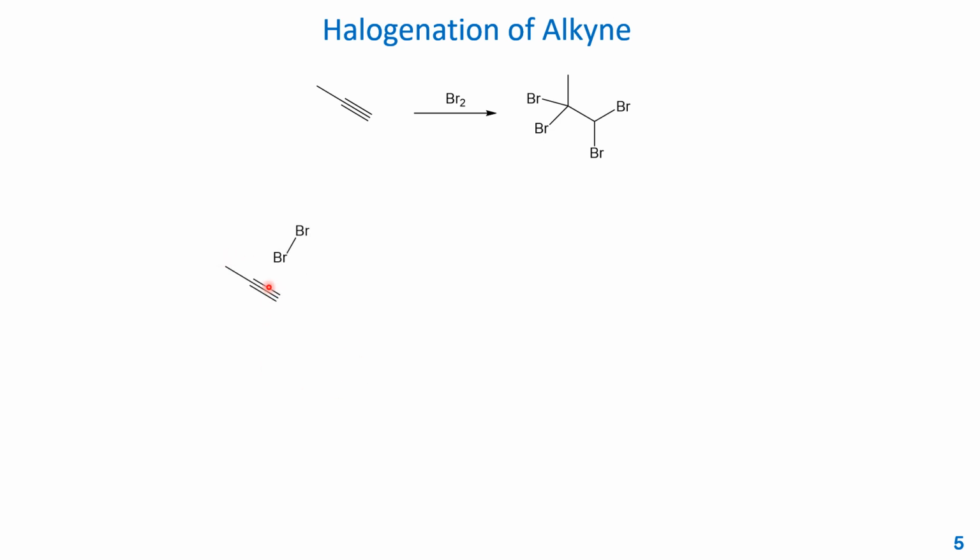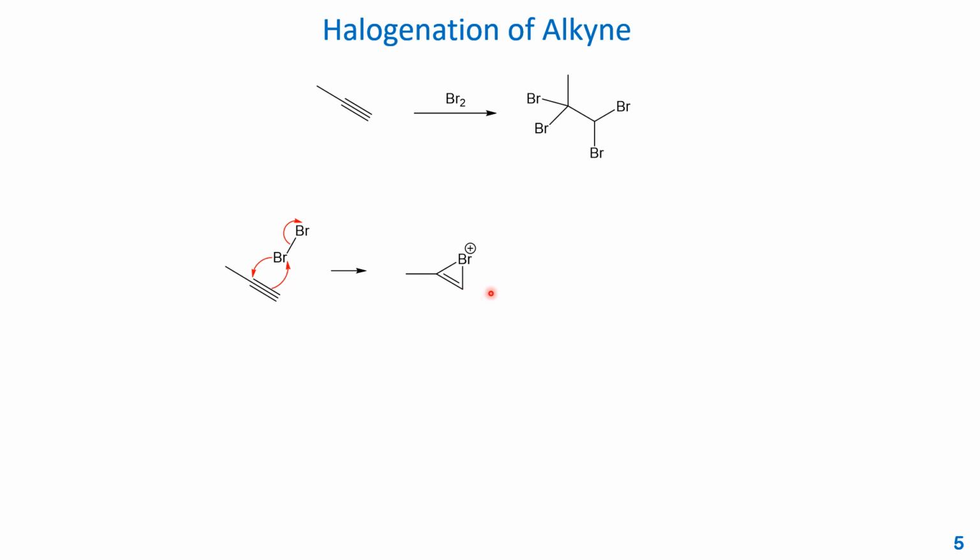The first step is similar to the alkene reaction, and the pi electron from this triple bond will attack this bromine, break this bromine-bromine bond, and kick off this other bromine as a bromide leaving group. And then the electron of the bromine will attack back to form a cyclic positively charged intermediate.